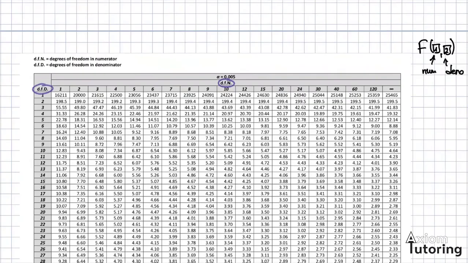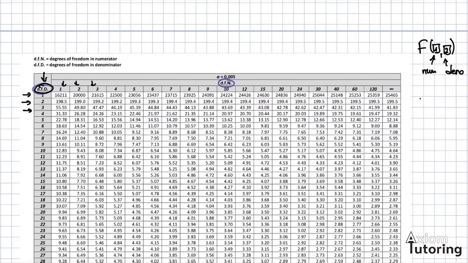Given the legend of this table, the numerator is any column that you see in here, while the degrees of freedom for the denominator are all the numbers in the column here, which means that you have to look at the rows one by one. Evidently, the final F value that you're going to find is where the column and row intersect.